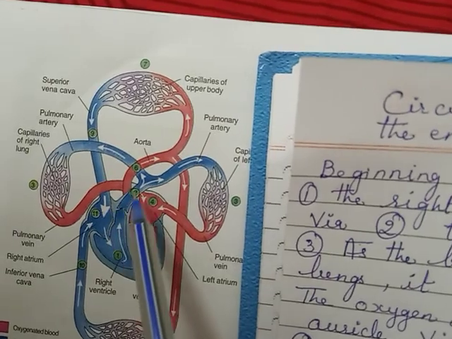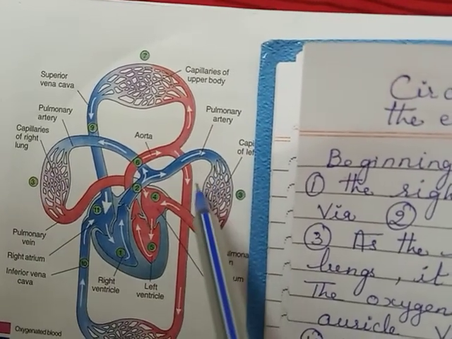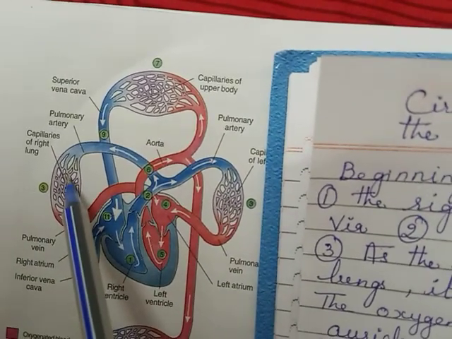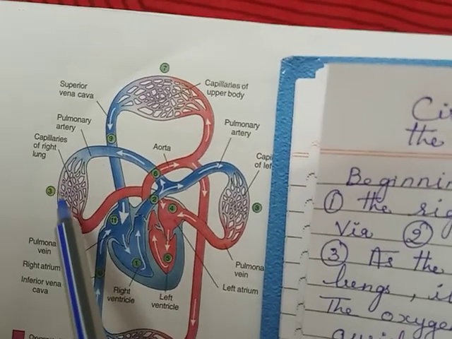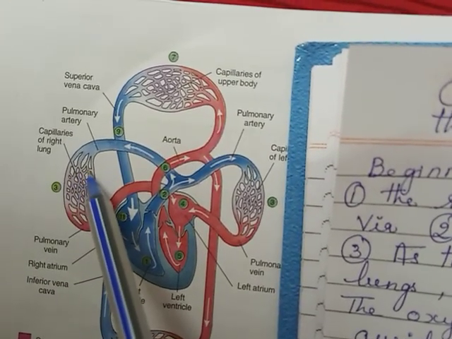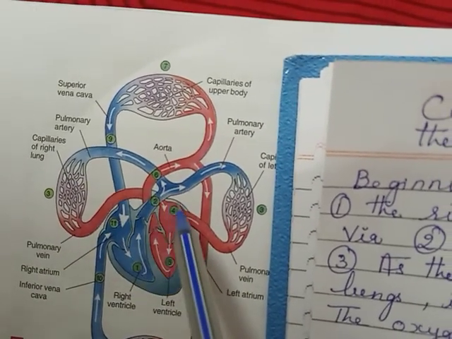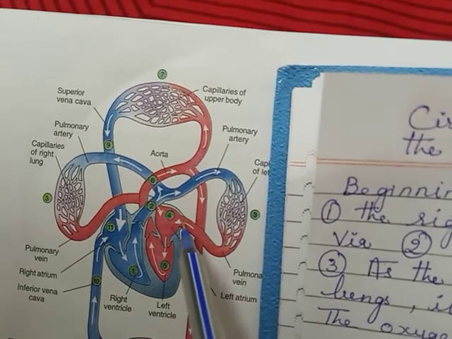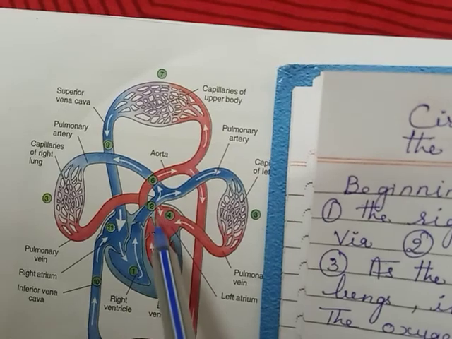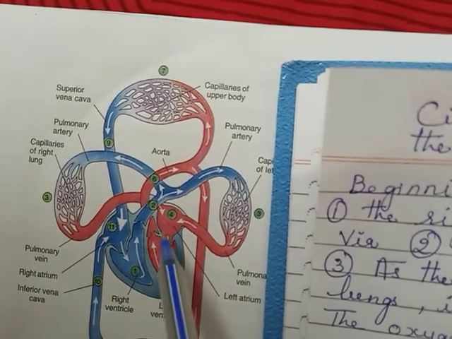Now, as the blood flows through the capillaries, you can see here the capillaries in the lungs, carbon dioxide from the blood is unloaded and oxygen is loaded. Now what happens? The oxygen rich blood, you can see here, comes to the left auricle.